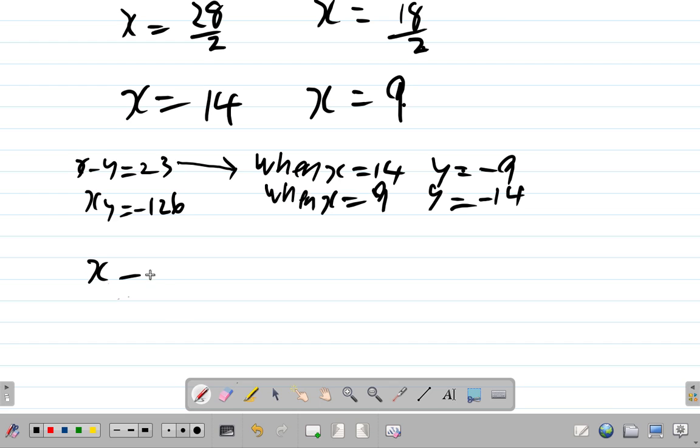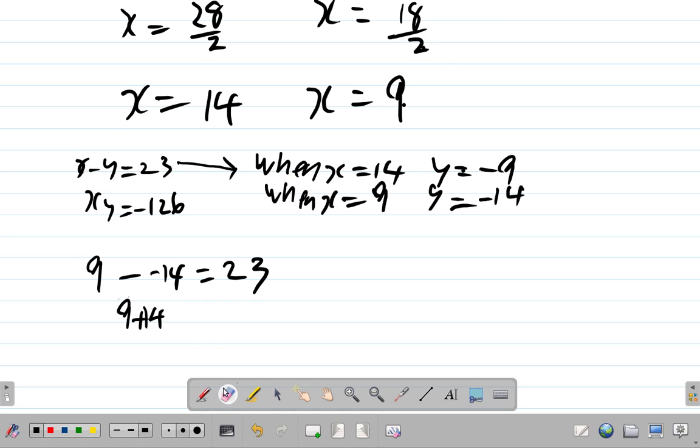Again, we have x minus y equals 23. When x is 9, y is negative 14. So when x is 9, that's 9 there. y is negative 14. We'll put negative 14 here. 9 minus negative 14 is 9 plus 14. What is 9 plus 14? That's 23. So it works again. Good.